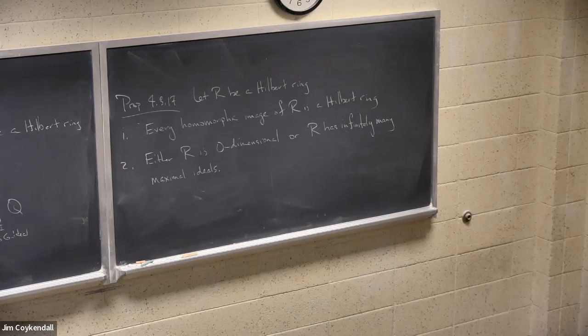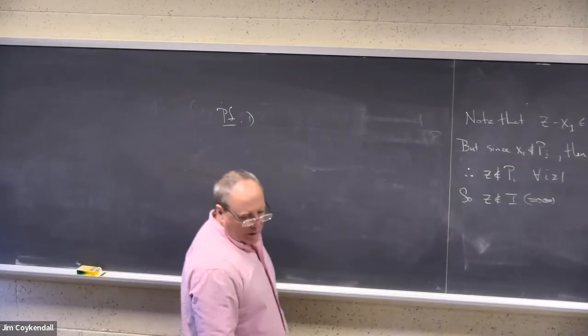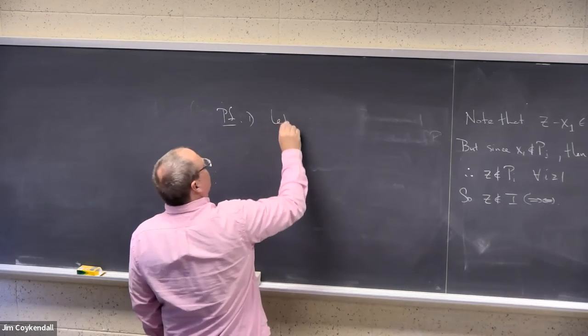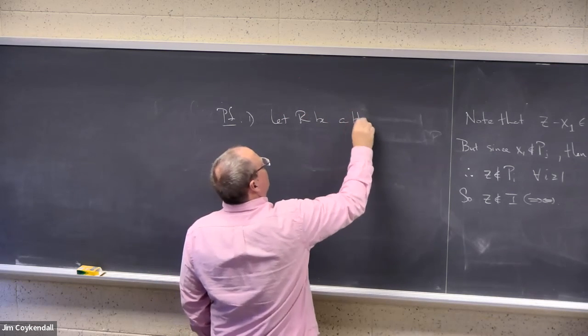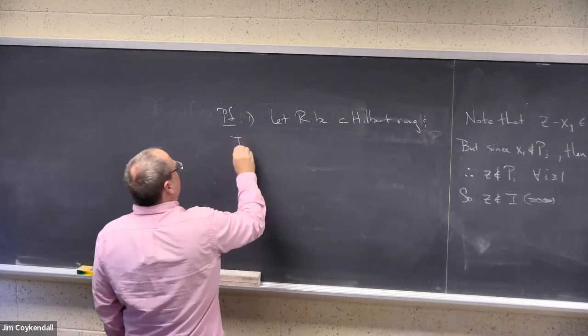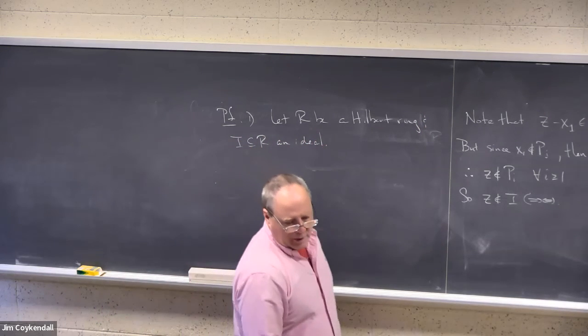Okay, so let me see here. I think I can get through one, and that'll probably be appropriate here. It is interesting that every homomorphic image is a Hilbert ring. So let's see this. Let's suppose R is a Hilbert ring, and I is an ideal of R. It should be kind of a correspondence theorem thing.